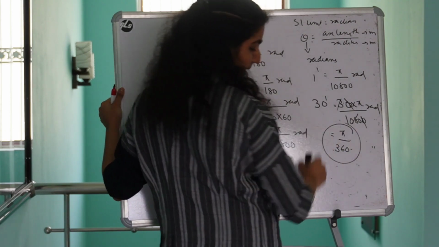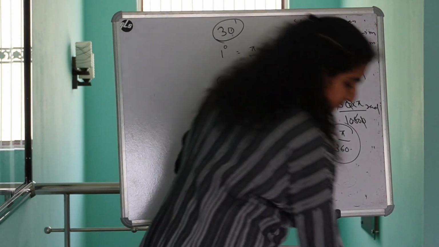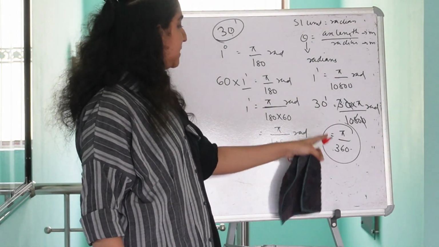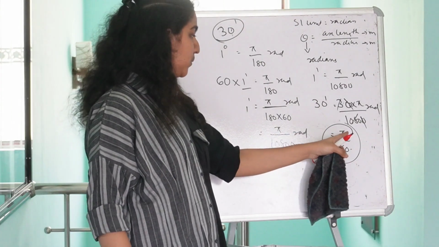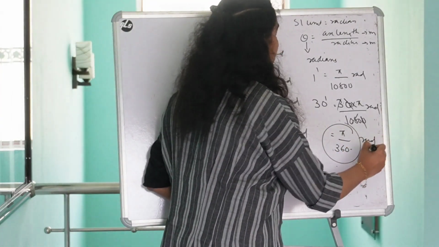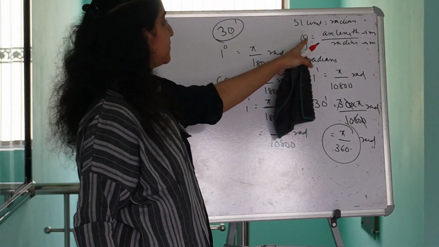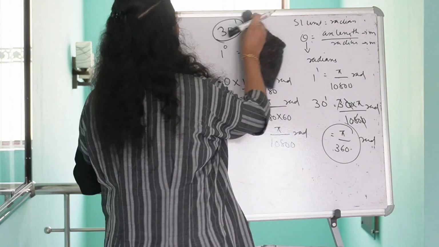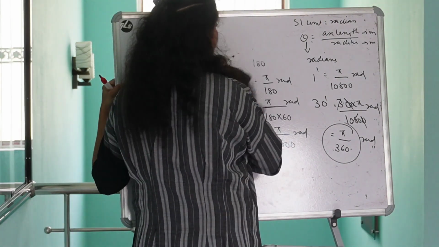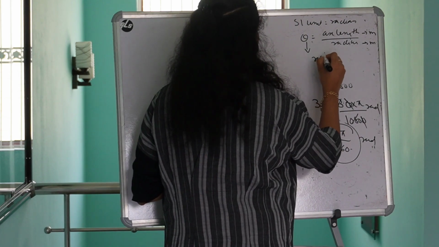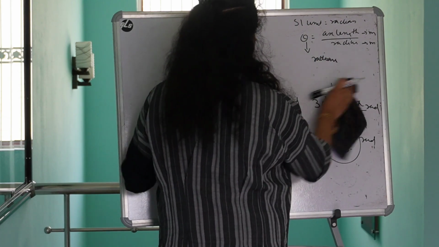So 30 minutes is equal to pi divided by 360 radian. Now you can substitute this value for theta. Now suppose the value is given in seconds.